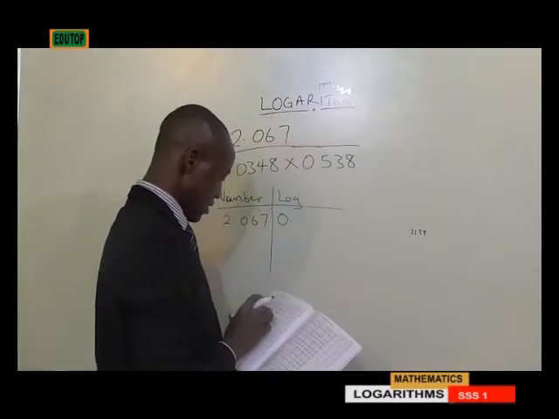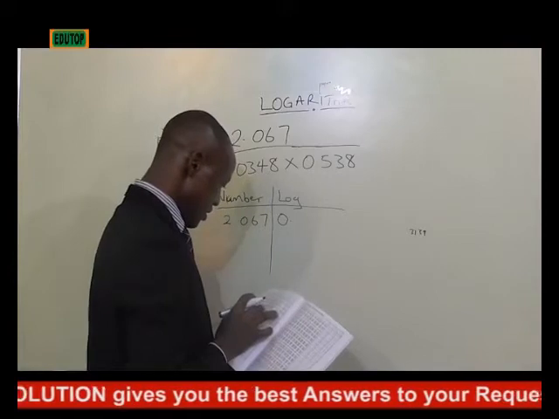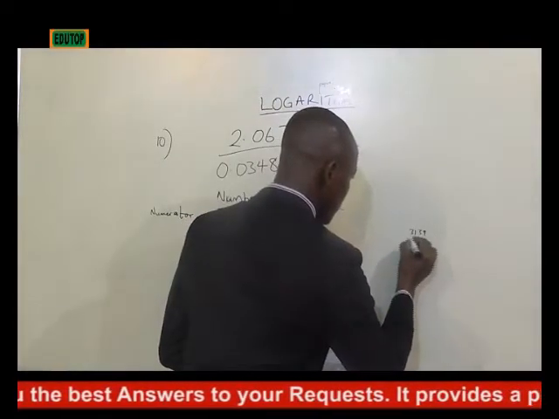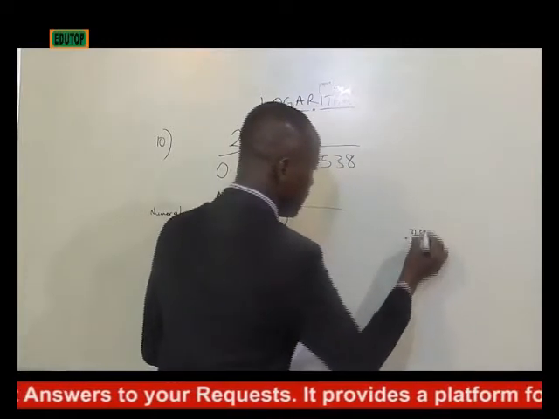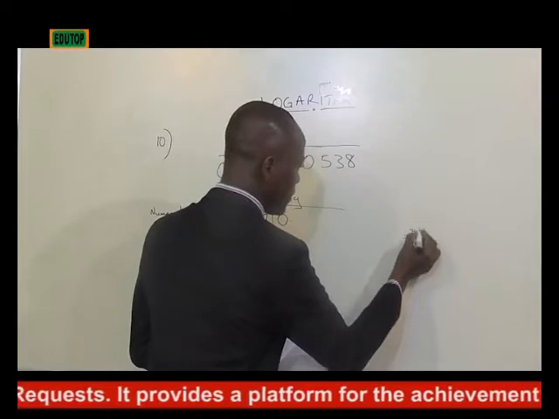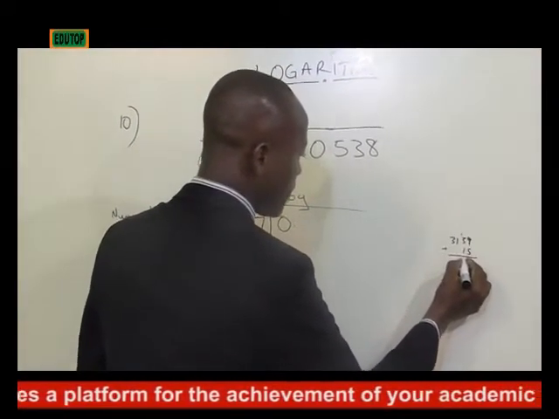And difference 7. 20 under 6, difference 7. Our difference 7 is 15. You had 5 plus 9 is 14. That's 4. Plus 1 plus 3 is 4. Plus 1 is 5.